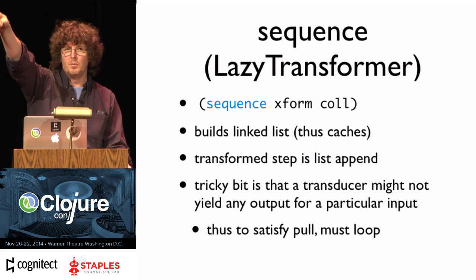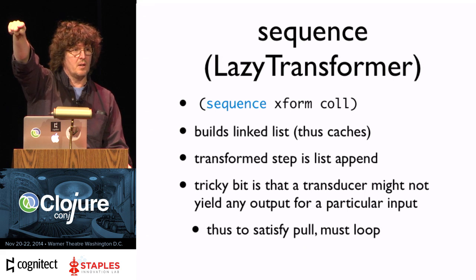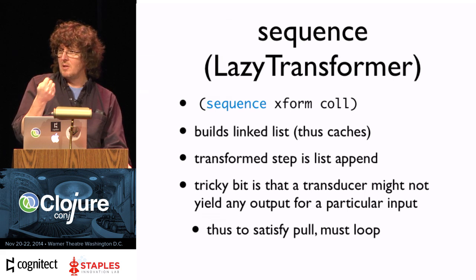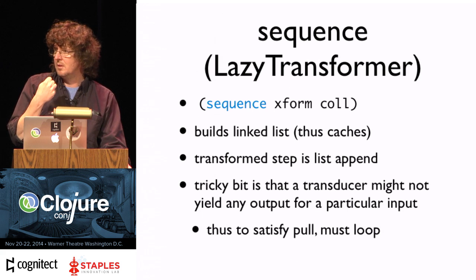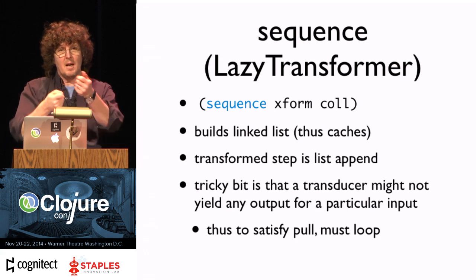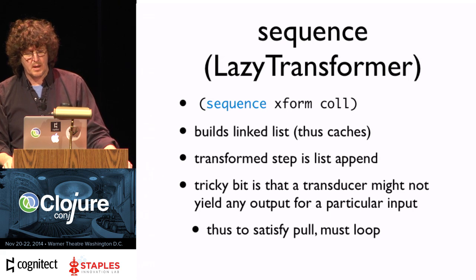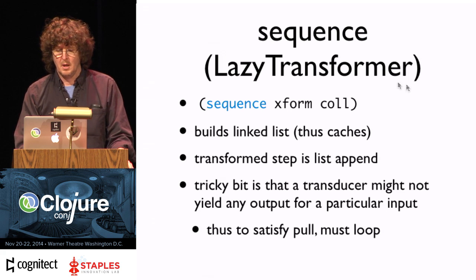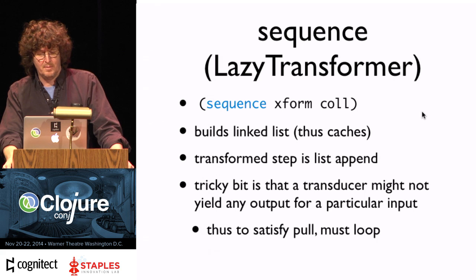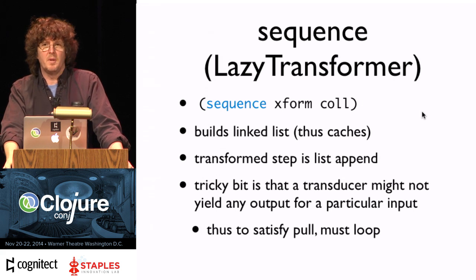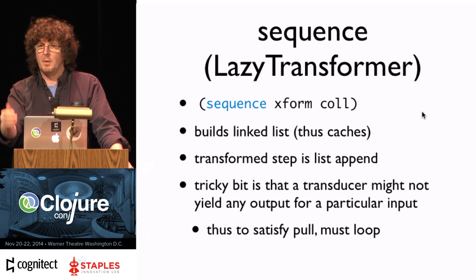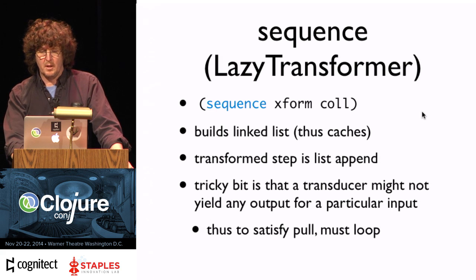If you just consumed one input from the collection and it filtered it out, what would you hand to the user? You got nothing yet. So you actually have to keep going until you see something. So inside, if you look at the implementation of lazy transformer, which is tricky, you'll see that there has to be a loop there because you have to keep consuming input until you can produce output.